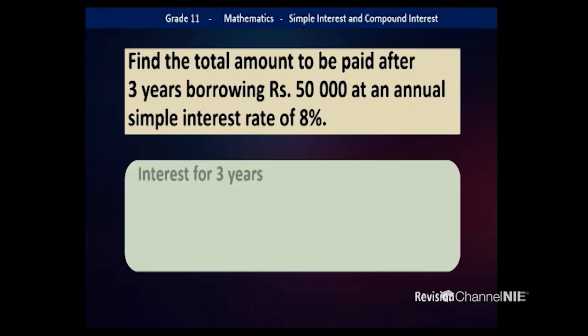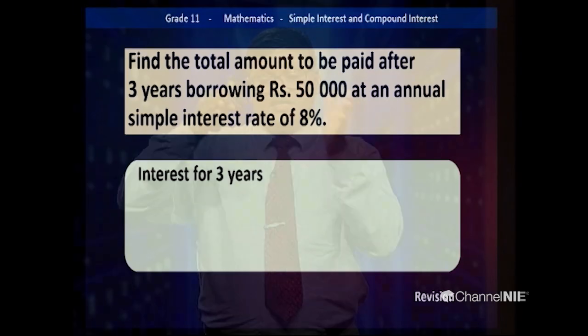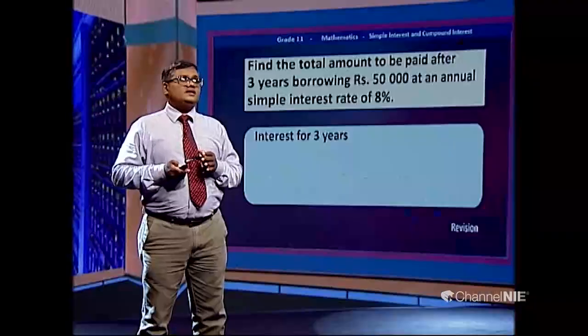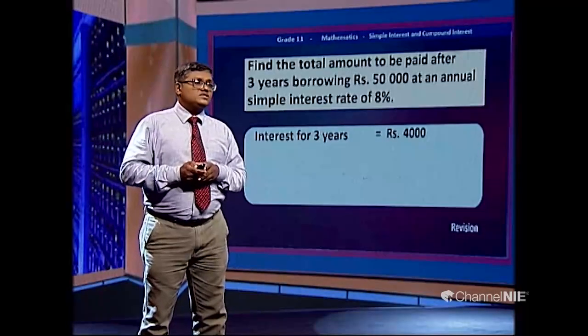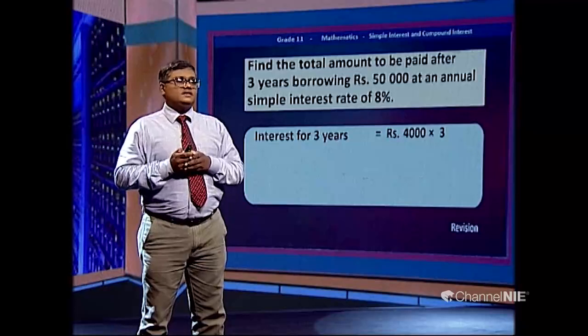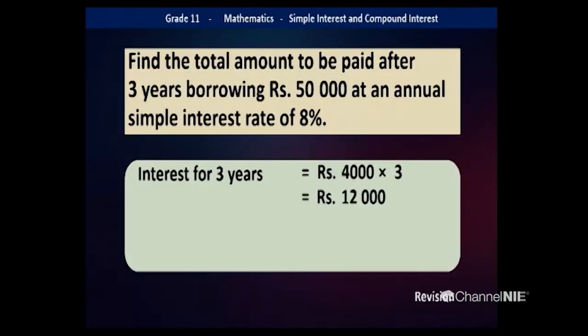Then the interest for 3 years. We first calculated the interest for 1 year. If you calculate the interest for 3 years, you have to multiply it by 3. The annual interest is 4,000. Once you multiply it by 3, 4,000 into 3, that is 12,000.